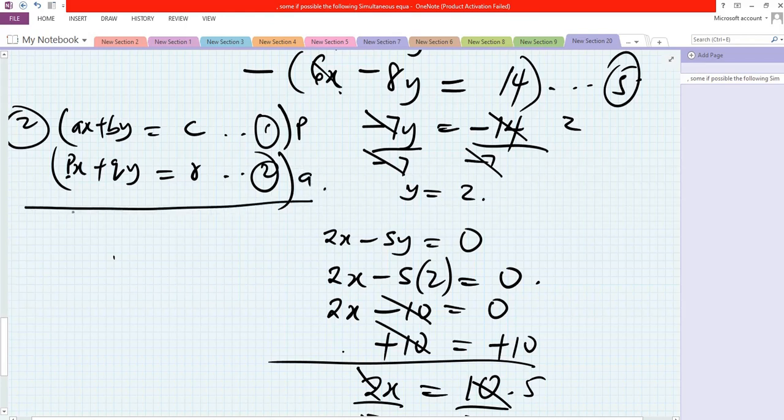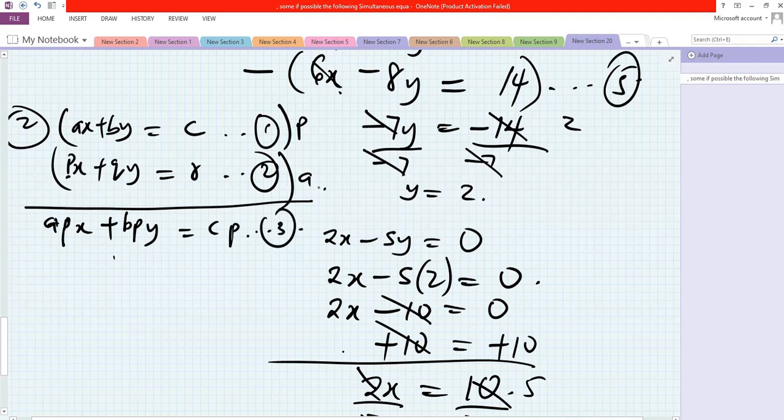Now the equation we're going to have is p times this: apx plus bpy equal to cp. So this is equation 3.